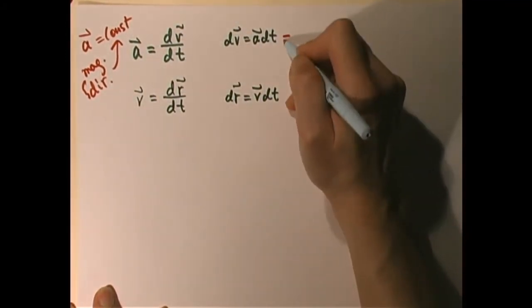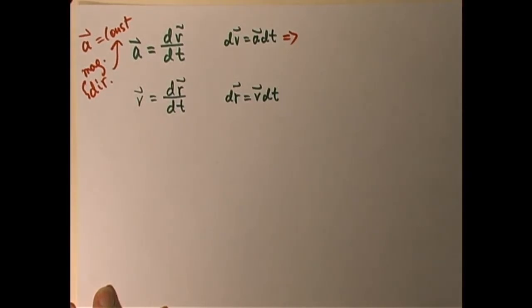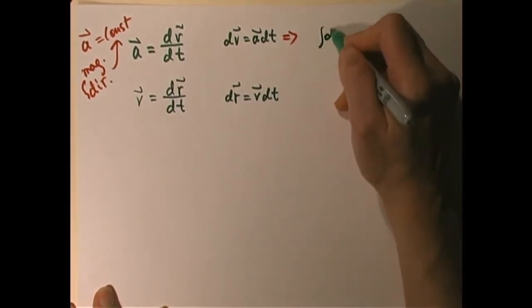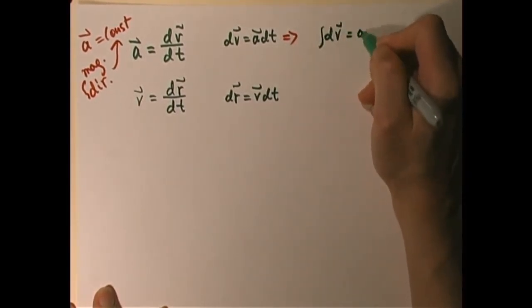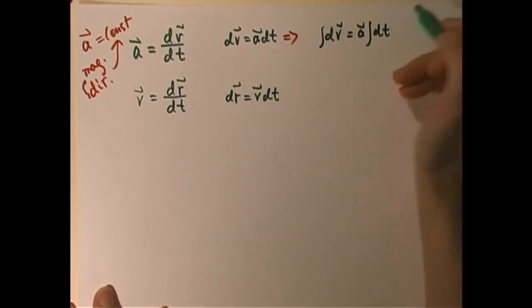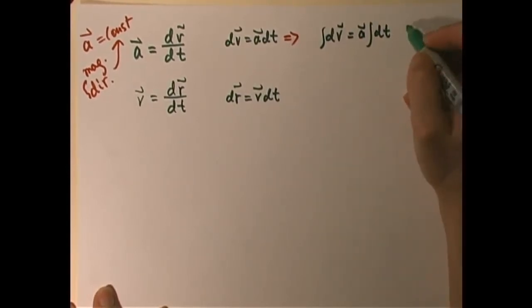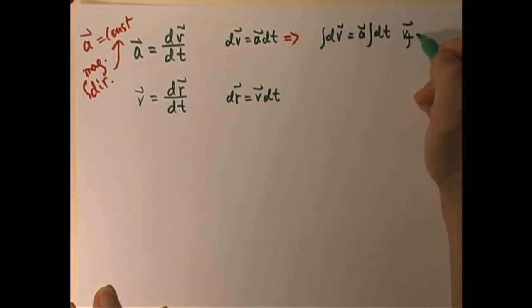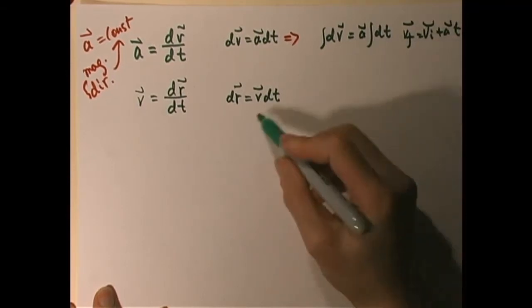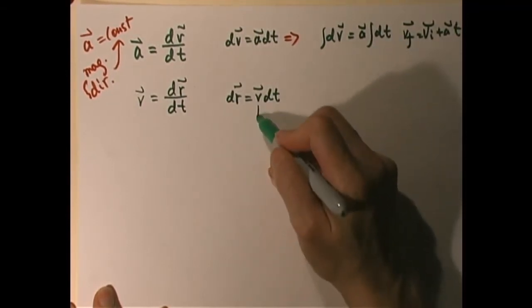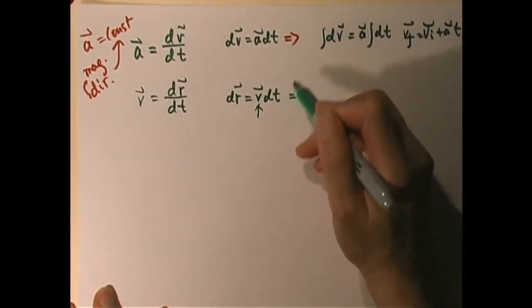Then if we integrate dv, a comes out with dt. So we will get v final equals v initial plus at. And from here, since this v is any v, we can plug in the v final.